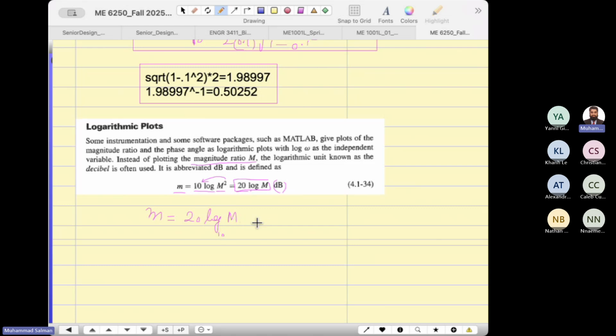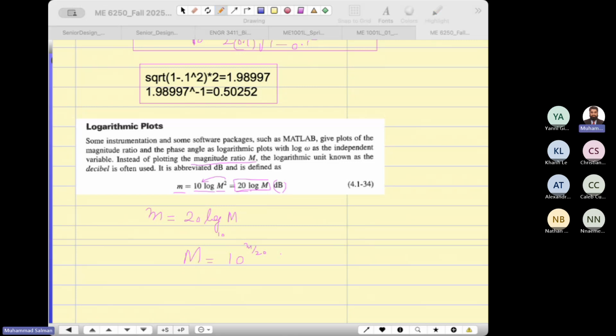And if you want to convert it into exponent form, m equals to what? 10 to the m over 20. You can convert a logarithm into exponent form.